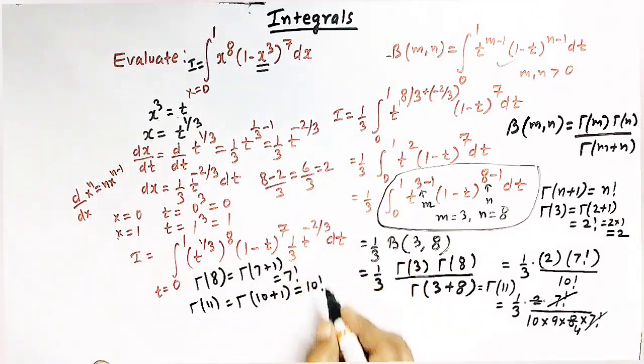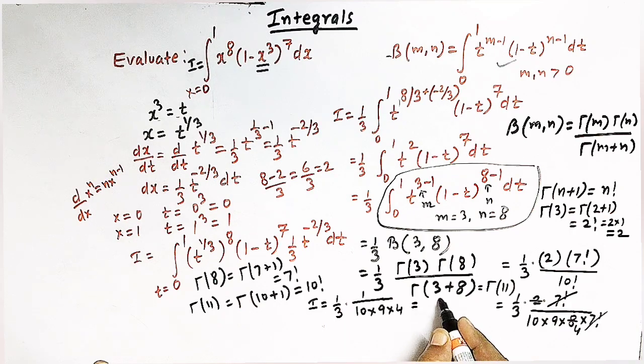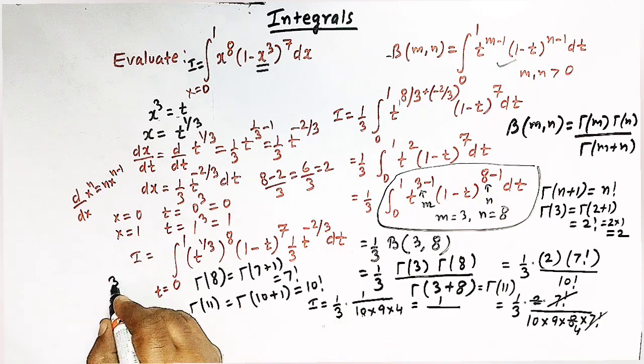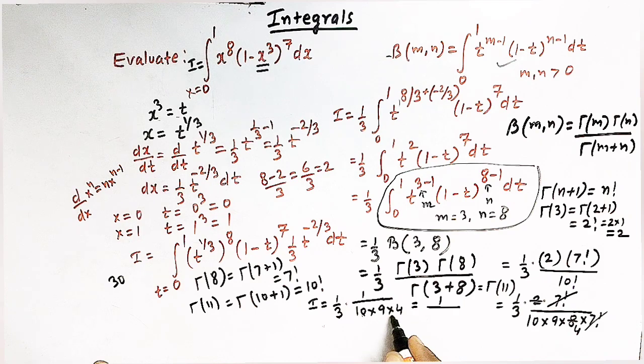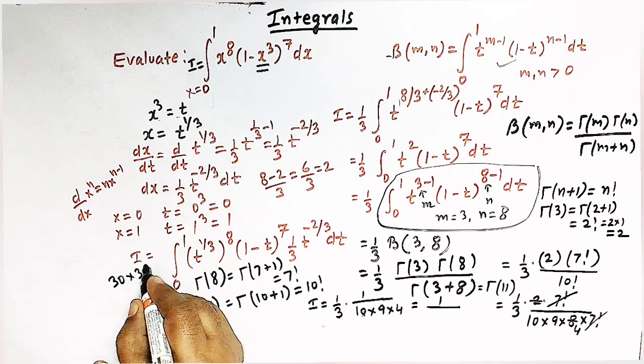So we can now write the value of the integral I as 1 over 3 times, here we have 1 over 10 times 9 times 4, right? So this is equal to 1 over the product of these four numbers. So here we have 30, 3 times 10, and here we have 9 times 4, that is 36.